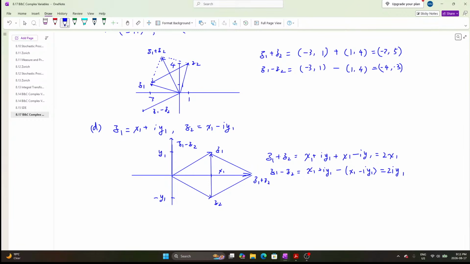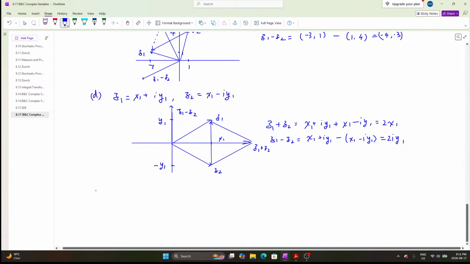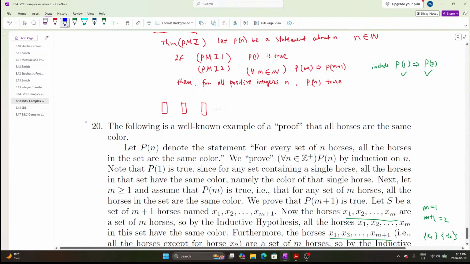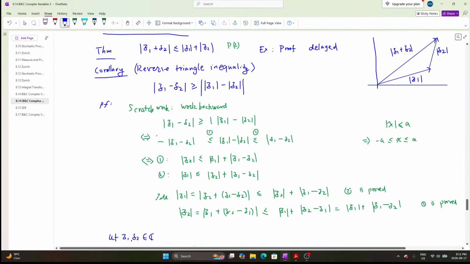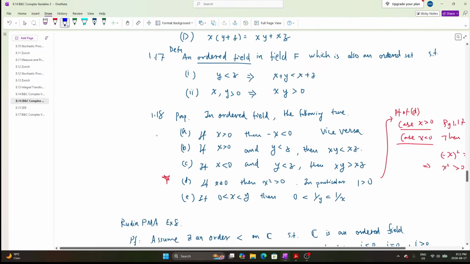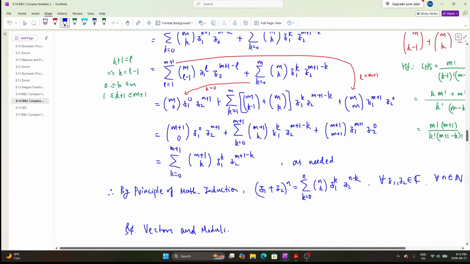Okay, so here this is exercise number 1. Exercise number 2. We are asked to verify the inequalities in section 4, inequality 3. Okay, so I think we did that already when we were discussing section 4.